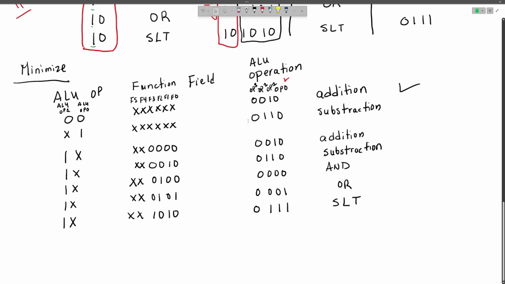So the way we're gonna derive this is we're gonna see where OP 0 is 1. Well, the only place that OP 0 is 1 is for this one and this one. So this allows us to see what conditions are making these ones.